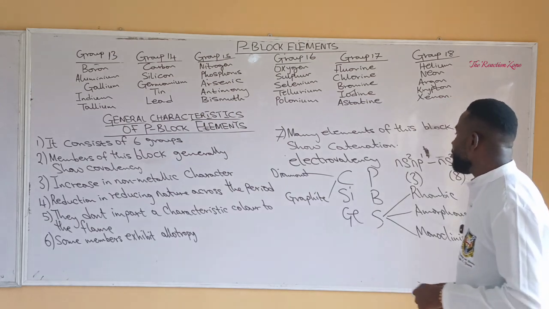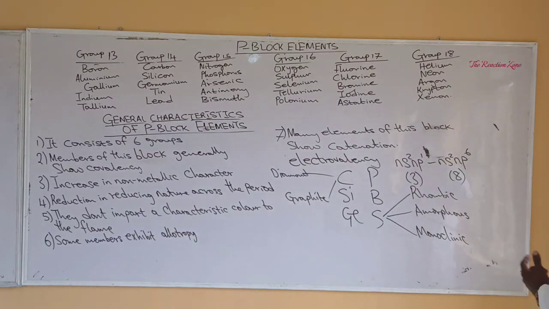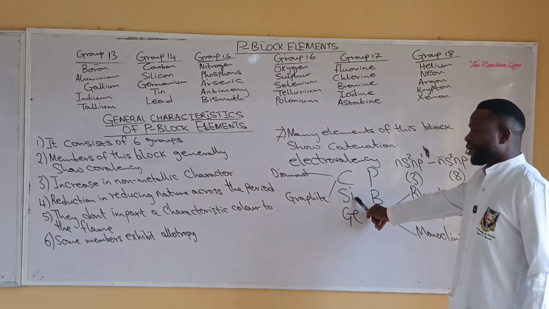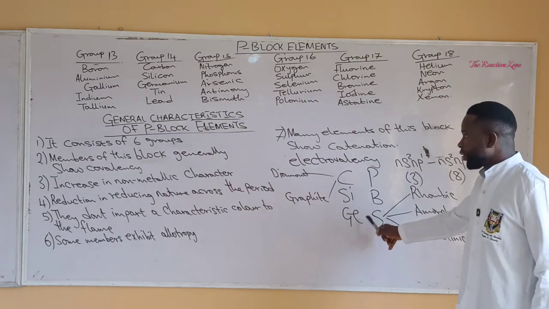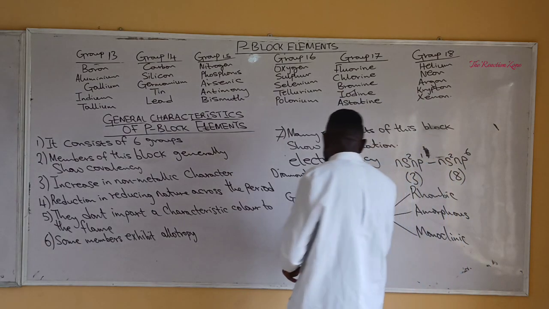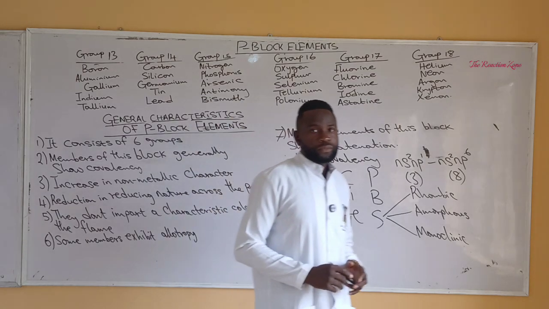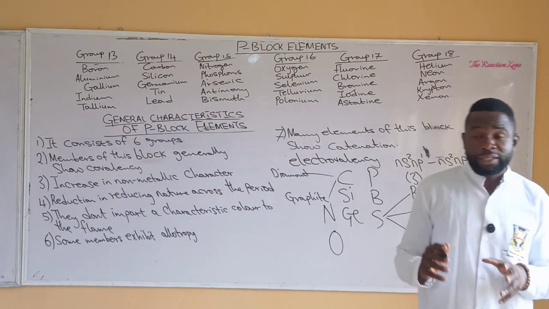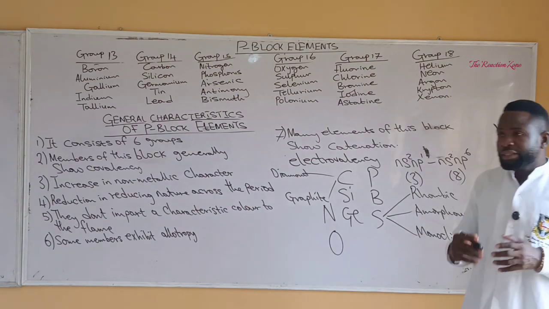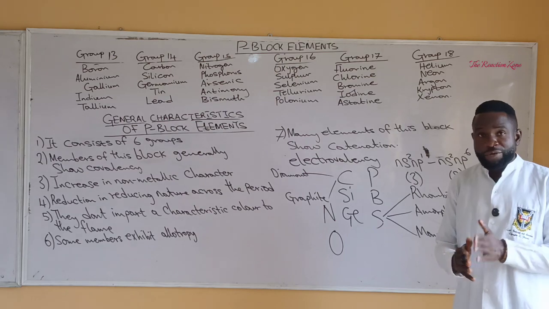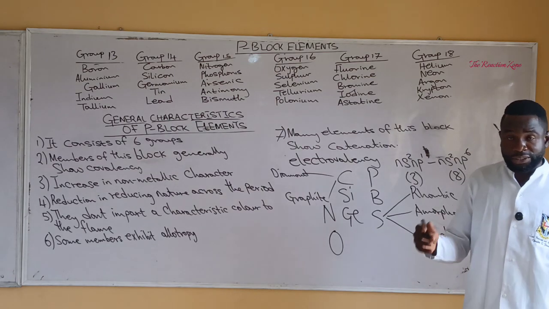Examples of P block elements that show catenation are carbon, silicon, germanium, sulfur, nitrogen, and oxygen. However, it is important to state that the degrees to which these elements show catenation vary. They are not the same.